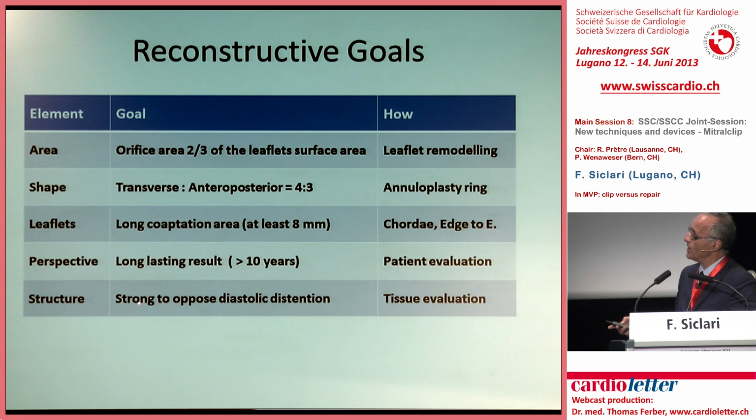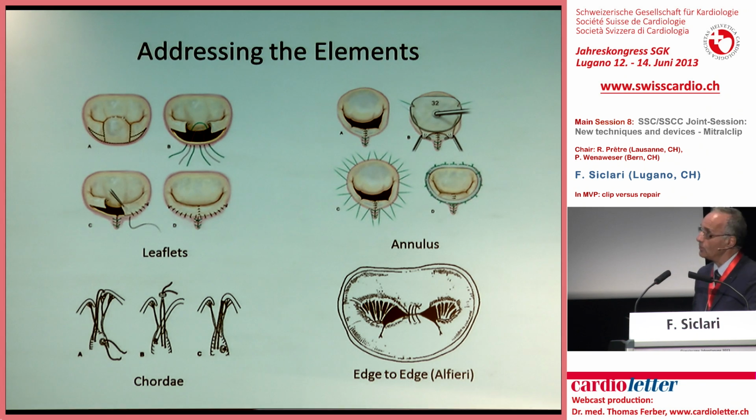And of course, we have to decide also what is the quality of the tissue that we are dealing with. This is an exquisite surgical decision which has to be made during the operation. As far as the elements are addressed, we have developed a lot of techniques which have been implemented, dealing with the leaflets with quadrangular or triangular resections, and addressing the annulus.